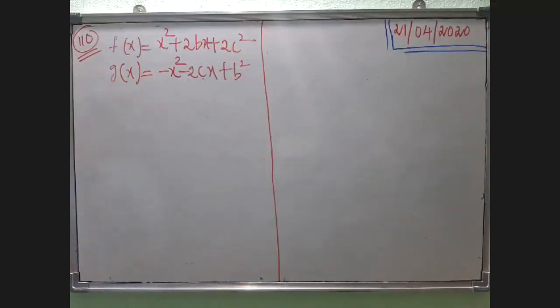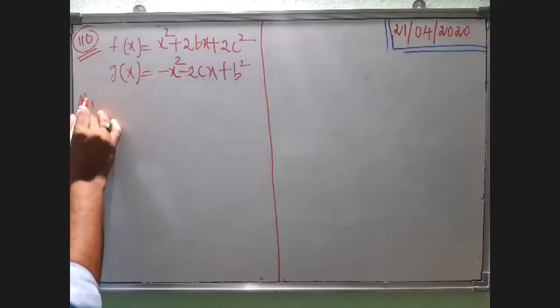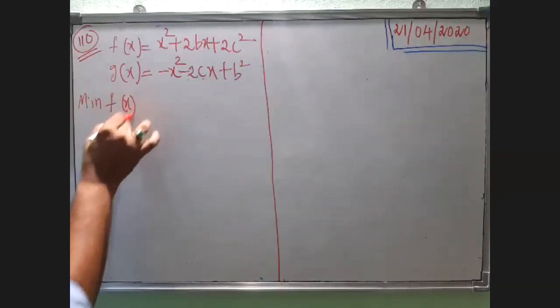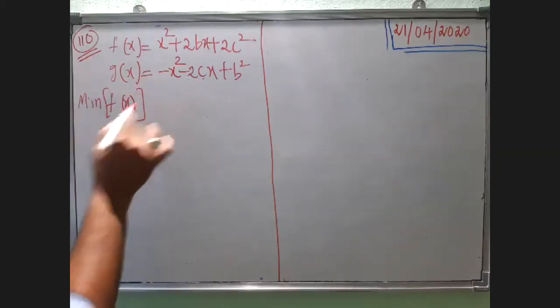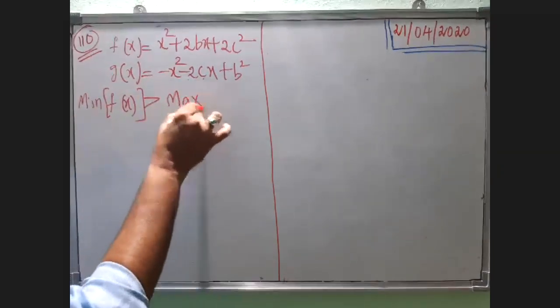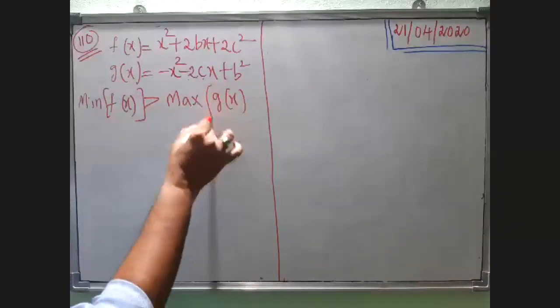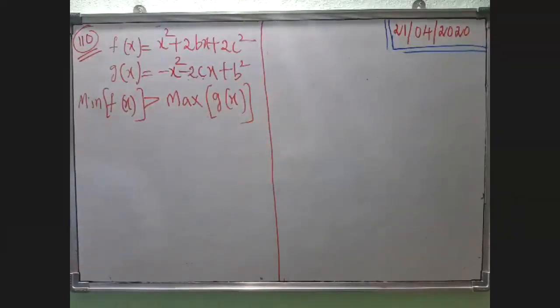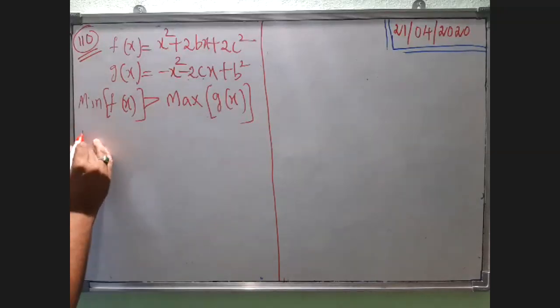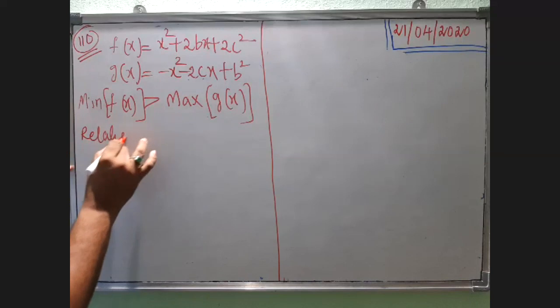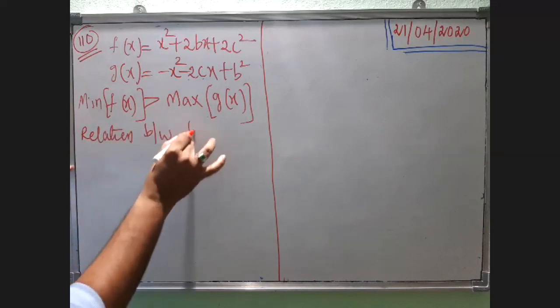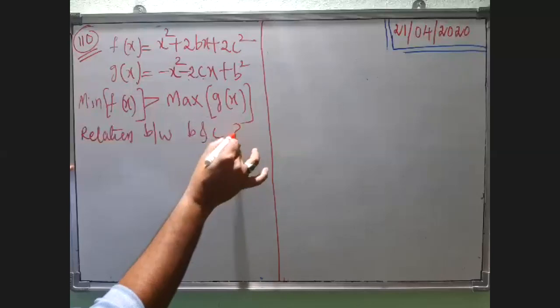Given these two equations, the minimum of f of x is greater than the maximum of g of x. Then find the relation between b and c. This is the question.